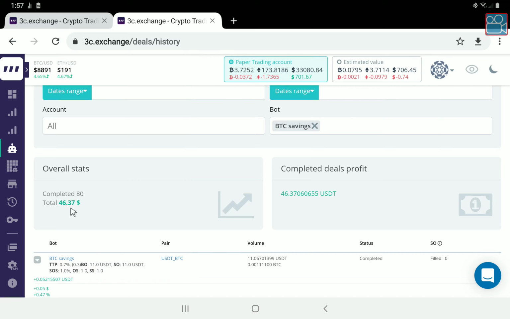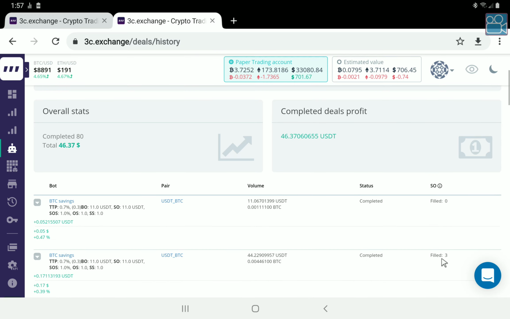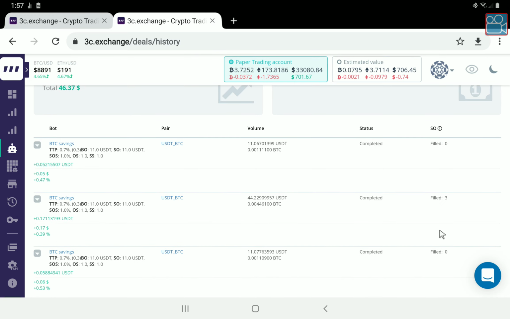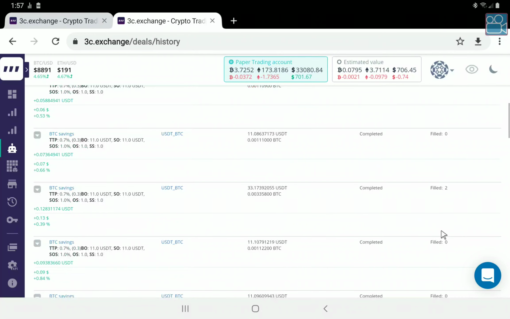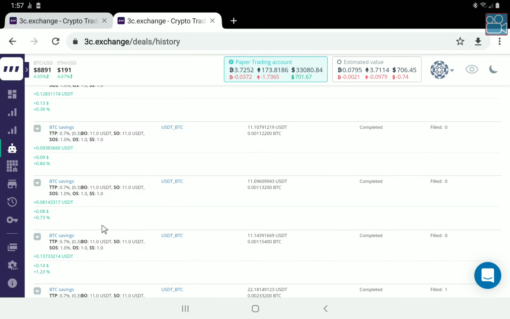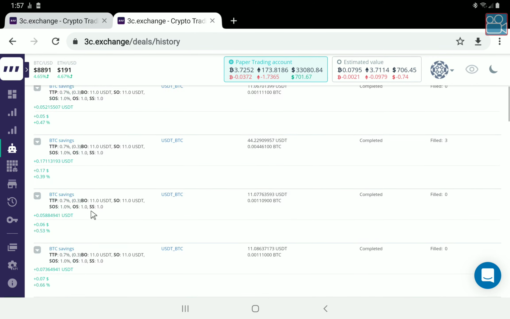And as you can see, quite a few times it doesn't even use a safety order. Sometimes it does, but for the most part, they're very quiet. So this does a good job for getting in and out, and it's really simple. So if you're looking for just a simple accumulator, this approach works well.